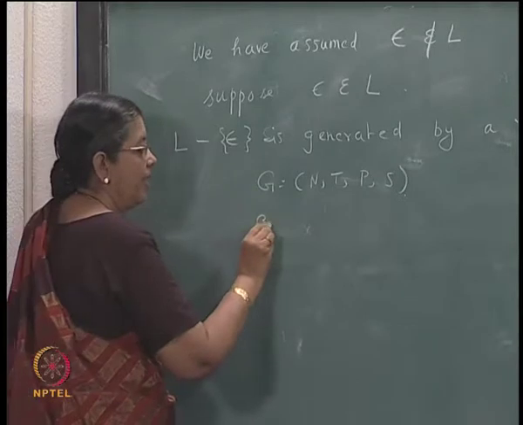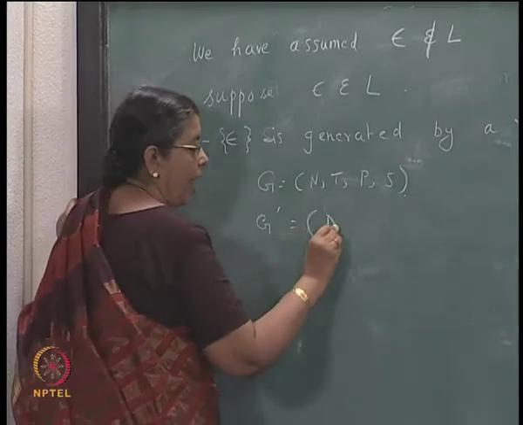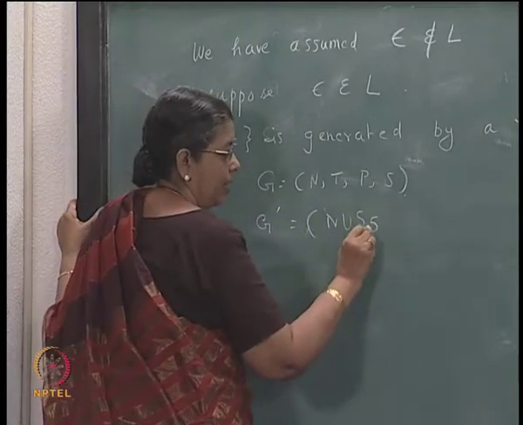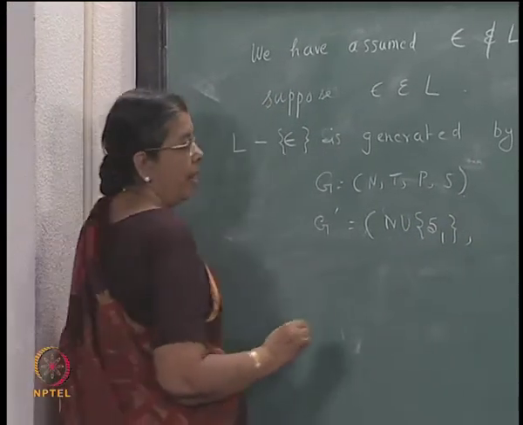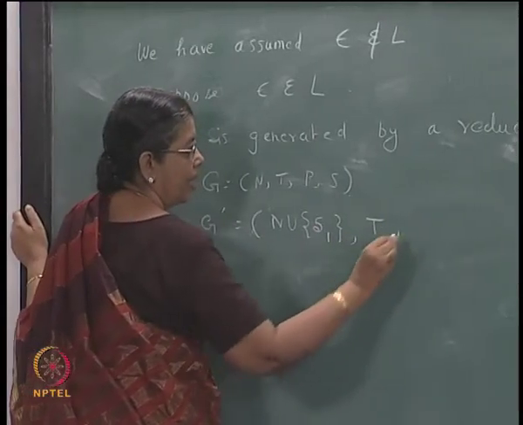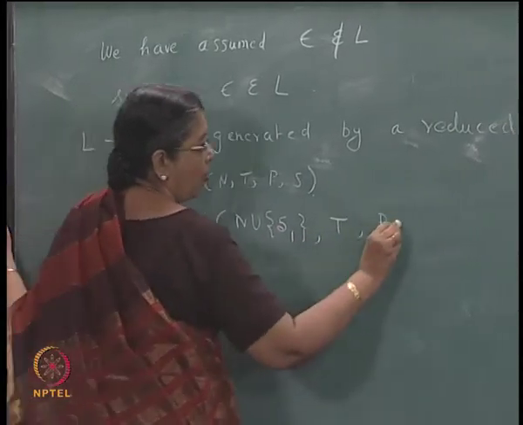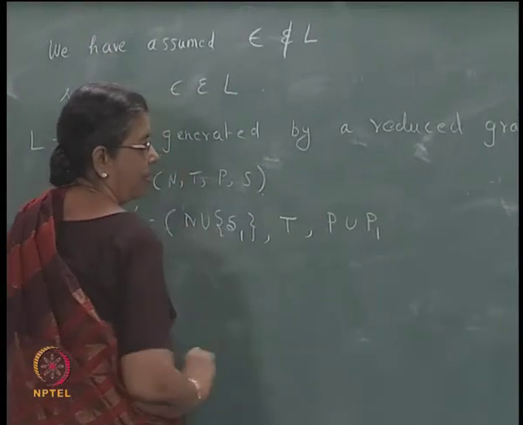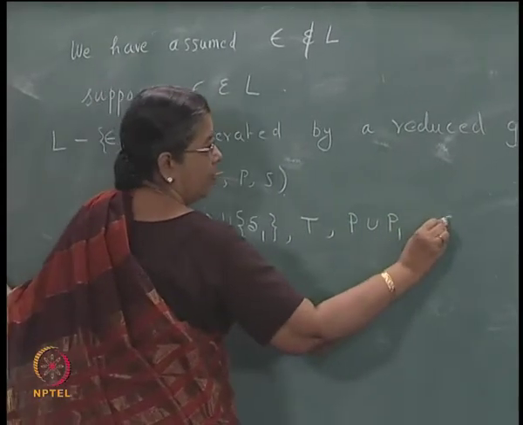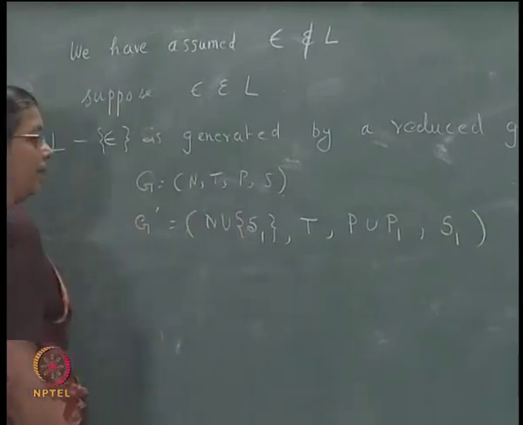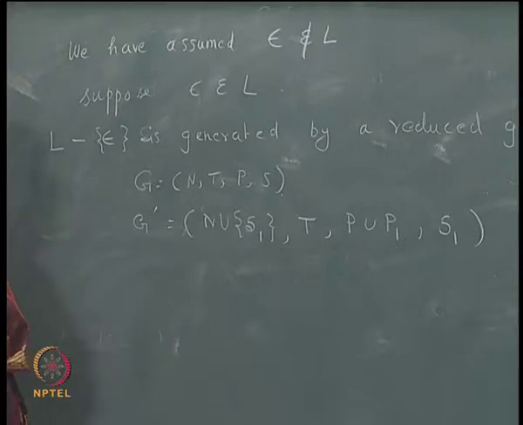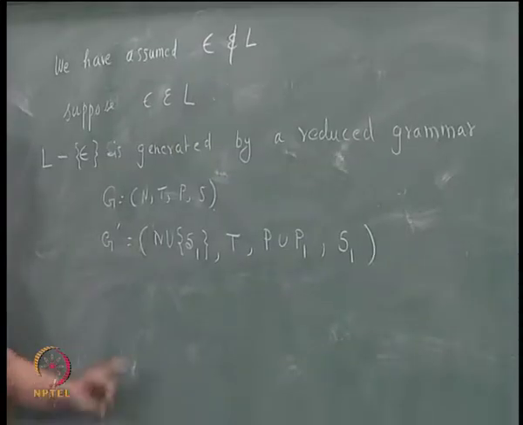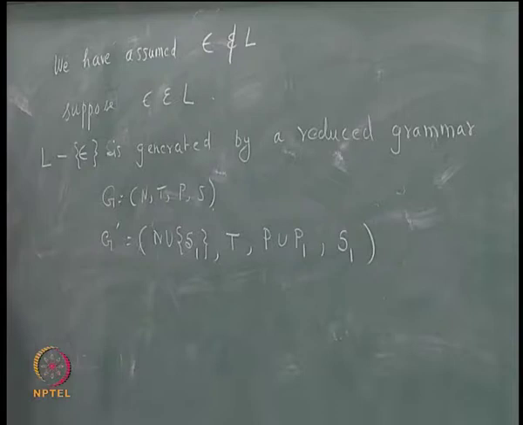Then you have G dash, where you add one more symbol S1 to the set of non-terminals and make it the start symbol, with the same terminals, and P union, say P1, comma S1 as the start symbol.